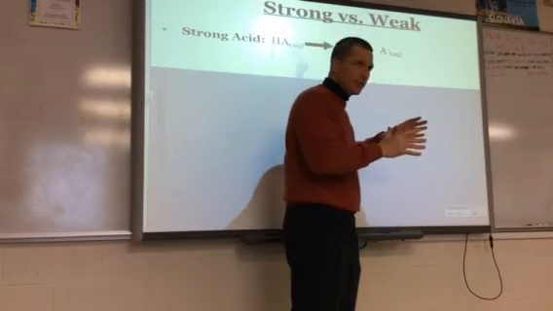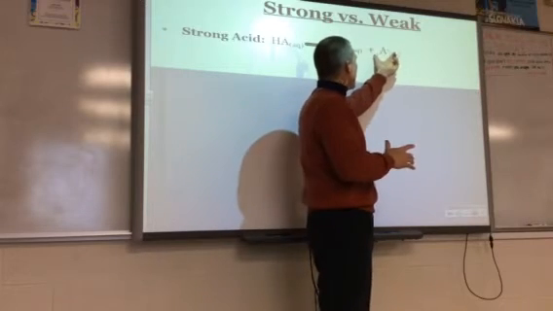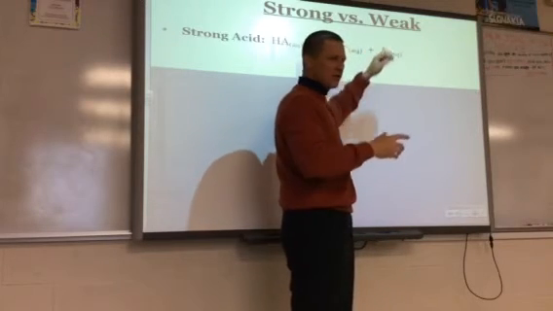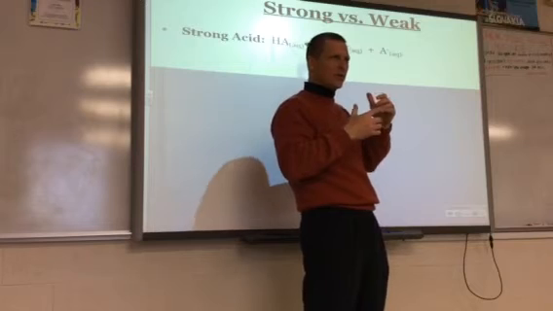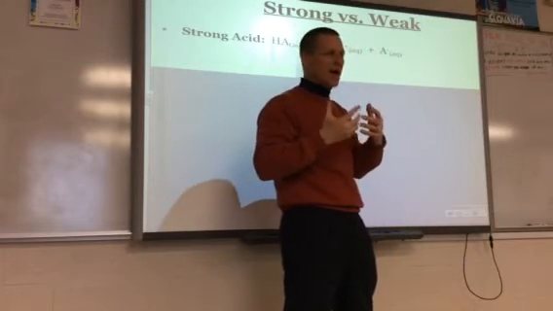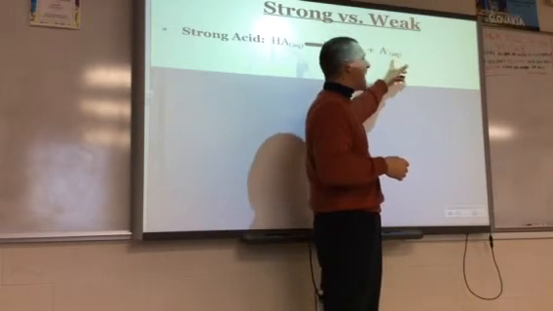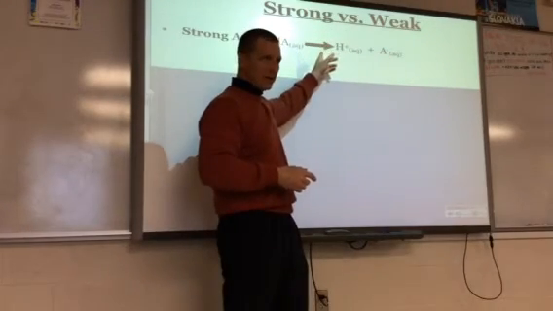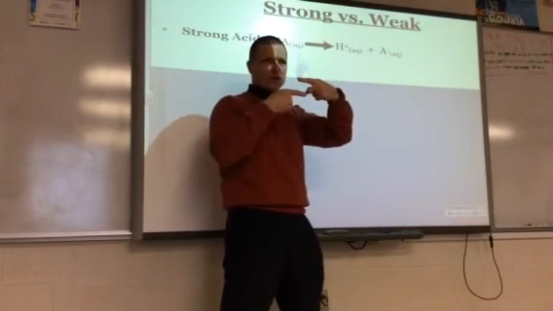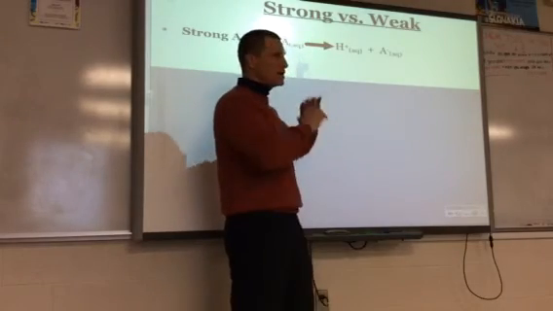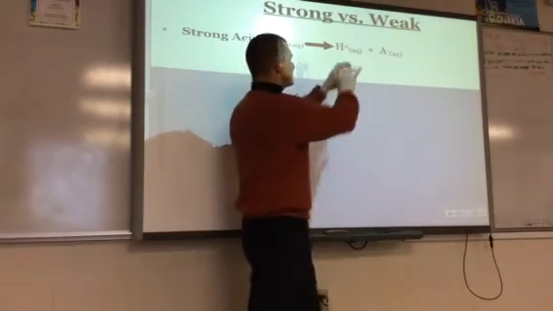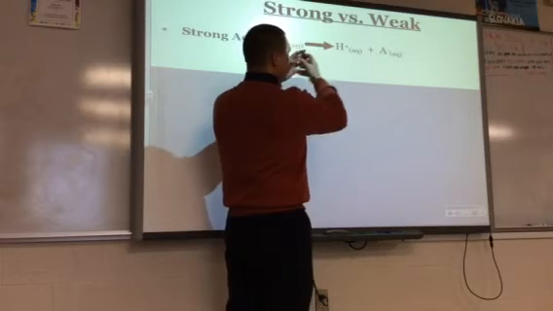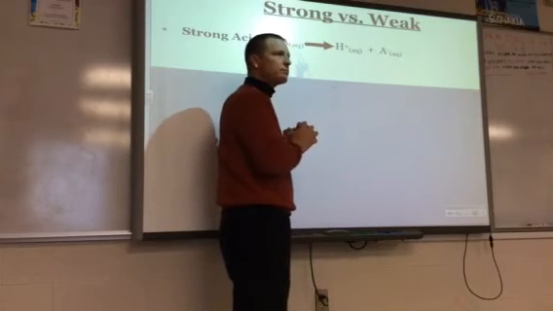So it's impossible for the A to accept the hydrogen. Remember how I talked about the Bronsted-Lowry model shows bases being hydrogen acceptors. This is not able to accept a hydrogen because if it was, then the arrow would not be like that. It would be both directions. But since it's a one-way arrow, it's a one-way reaction. These break apart. They cannot join back together.